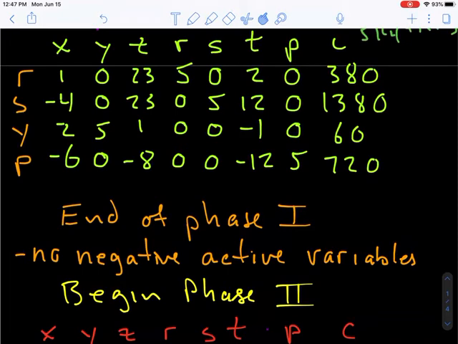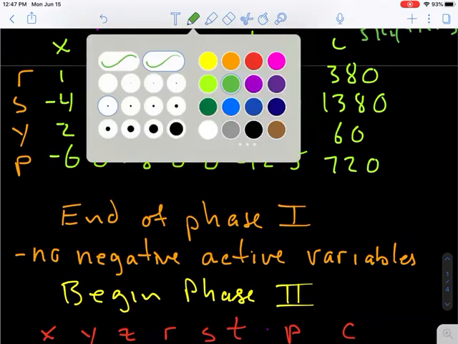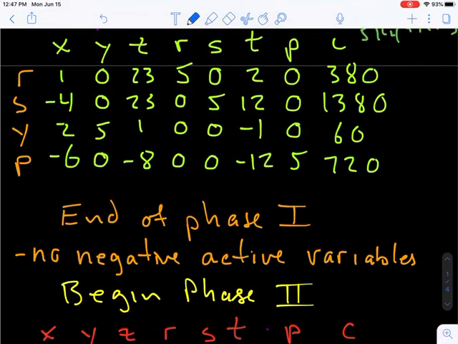And so we notice that we are not done with this problem because the bottom row, the P row, has negative values in it. But are we still in phase 1 or phase 2? And so we look at our active variables. So now the active variables are R, S, Y, and of course P. So R, we take the 380 divided by 5.